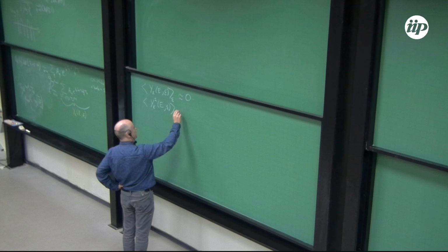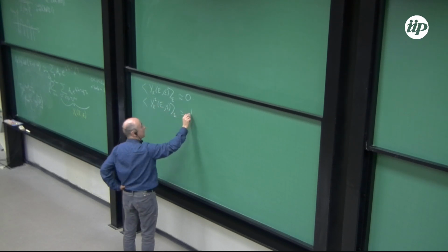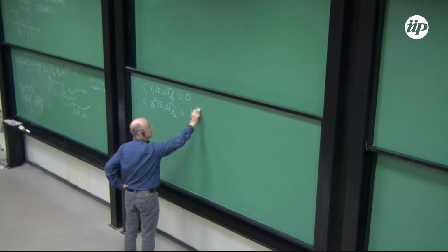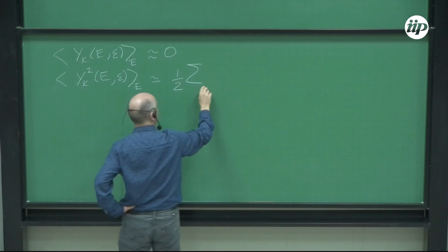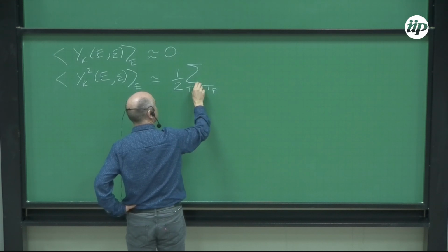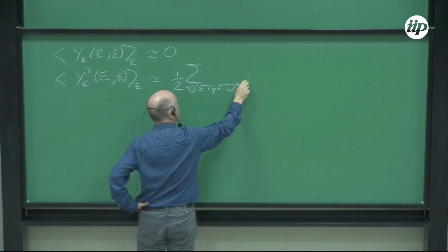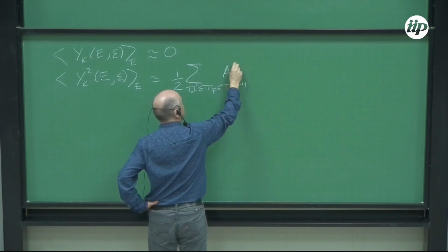So the average of the squares of the y_k's is going to be something like a half times the sum over T_p between T0 2 to the k and T0 2 to the k plus 1 of A_p squared.